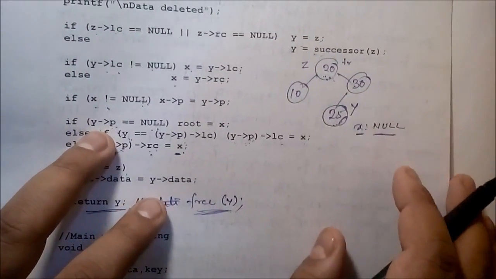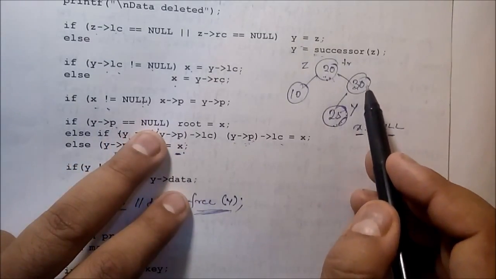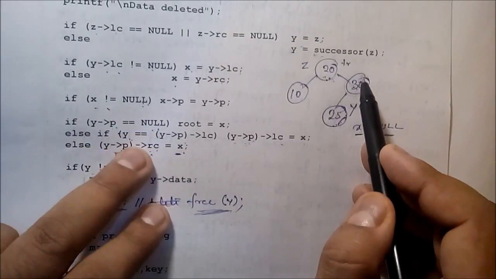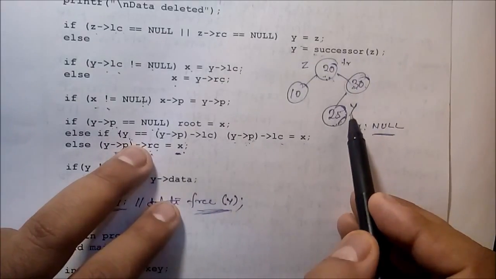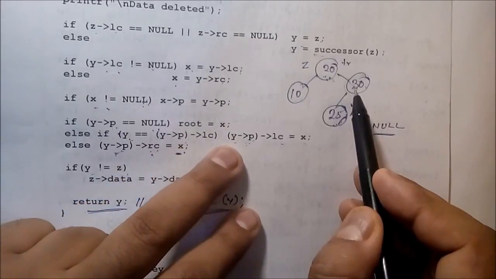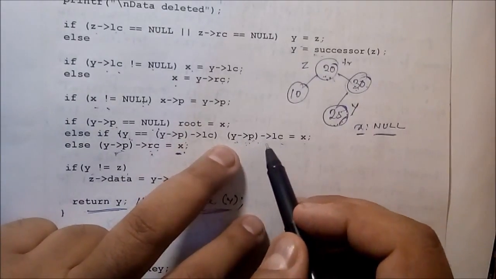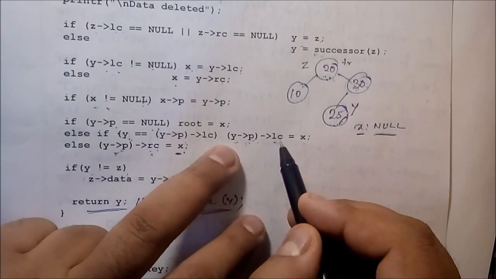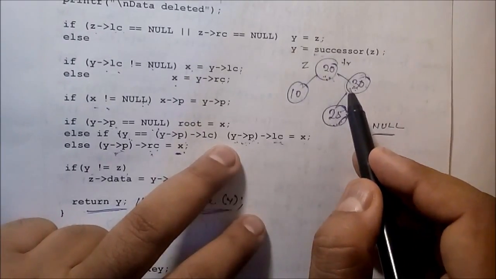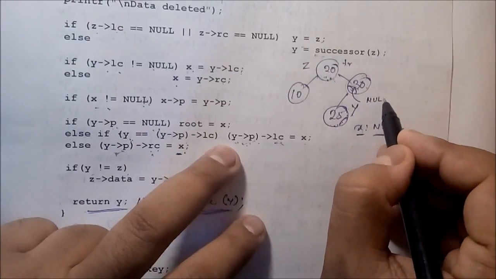Now, parent of y is equal to null, the condition is false because the parent of y is 30. Is y a left child of the parent? The condition is true. Then in the left part of the parent of y, you just put null here.